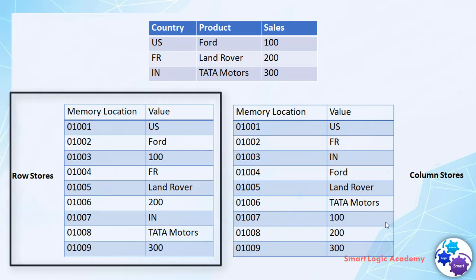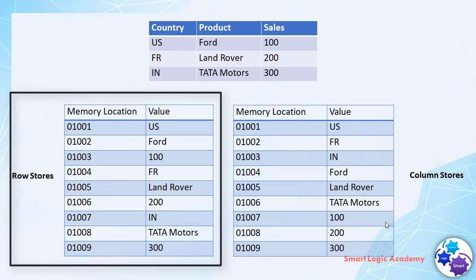Row-based systems are not efficient at performing searches based on values of a few columns. Let's take one example. I want to fetch information where the sales value is between 250 and 350. Let's see how this query will work for row store.